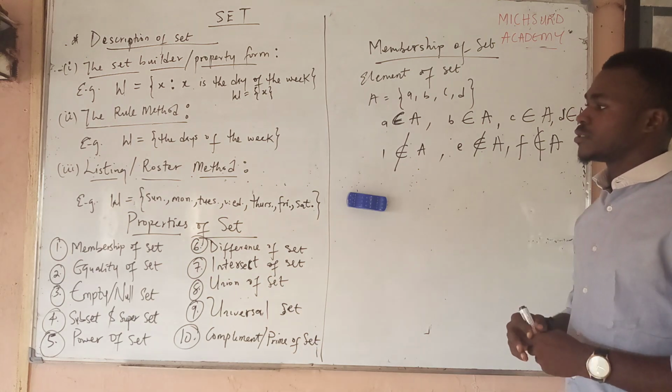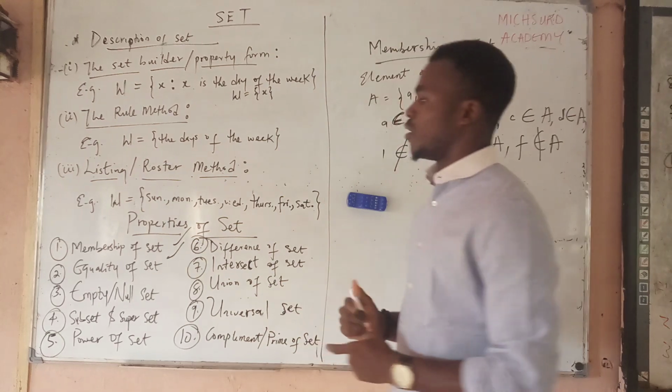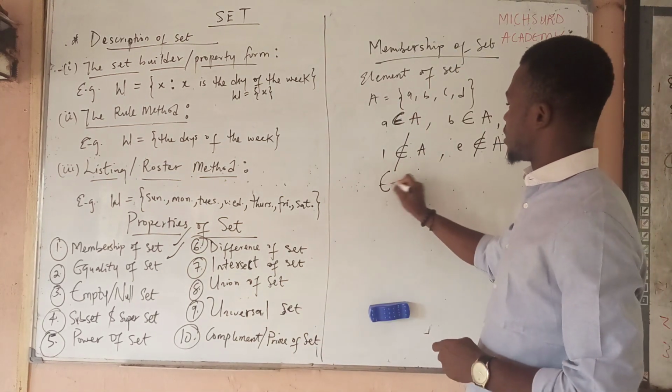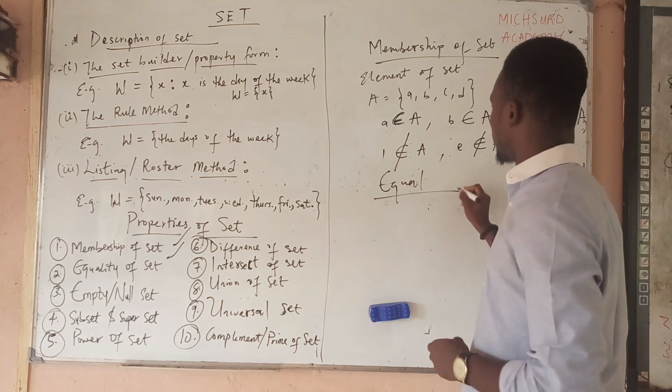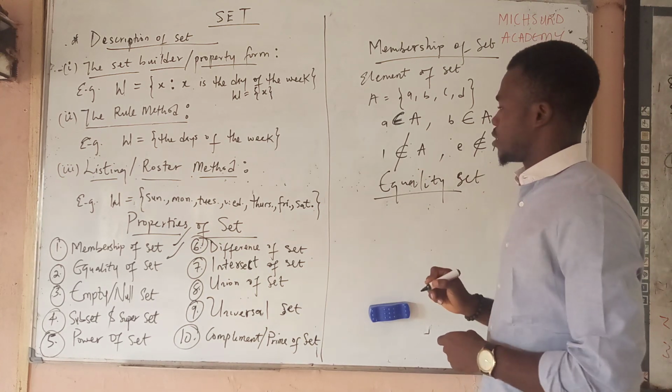Alright, so the next on the list is the equality of a set. For the equality of a set, from the word equal, we are talking about sets that are equal.